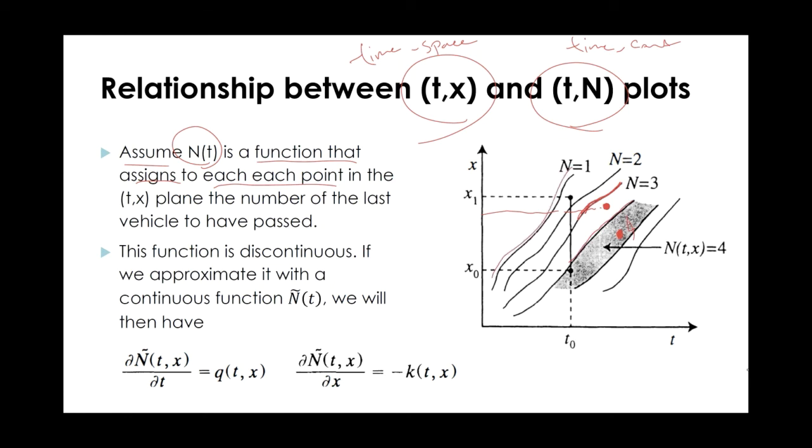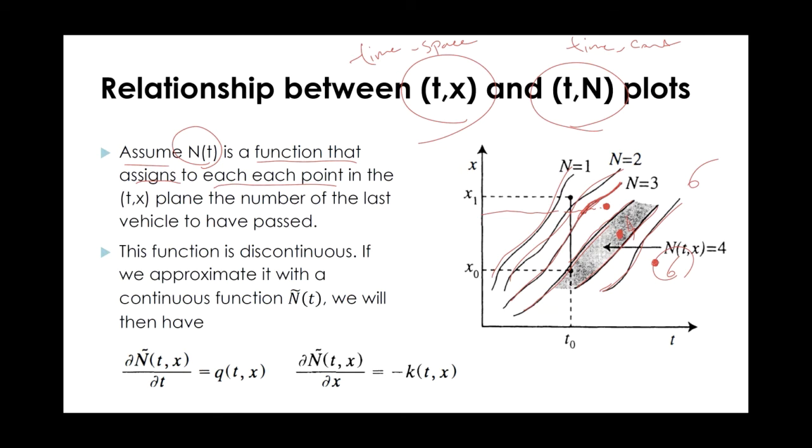So this is vehicle number 1, vehicle number 2, 3, 4, 5, 6. If I plot a point here, function N(t) gives me 6. That is the number of the last vehicle that has passed this point. So that's N(t). Again, that's equivalent to the cumulative plot that we were talking about.